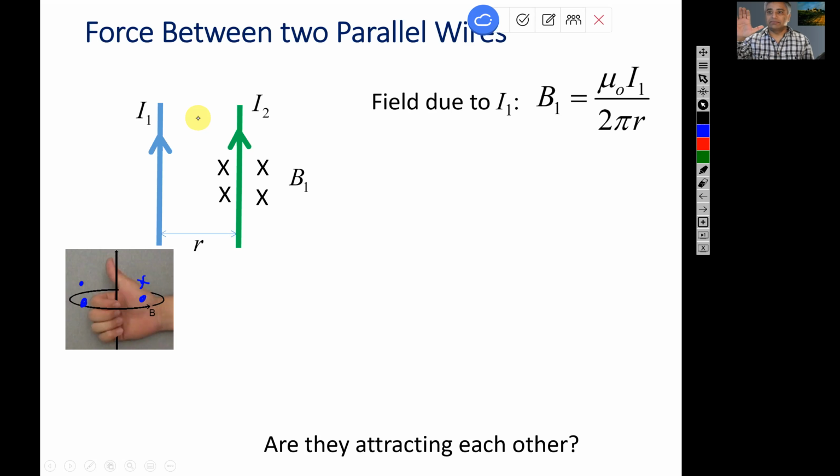So you line up these four fingers in the direction of flow of current in the green wire. And then you curl in the direction of the magnetic field, and the magnetic field is going in. Now the thumb gives you the direction of force acting on the green wire because of the magnetic field produced by the blue wire.